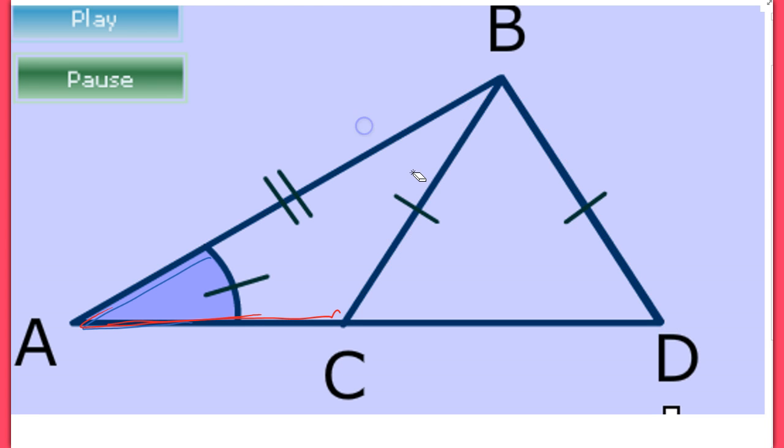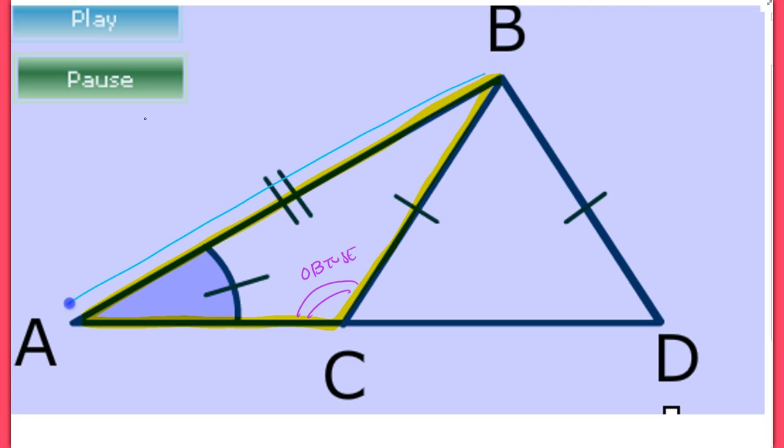So we've got two unique triangles here. Okay, let me highlight one of them. So here's triangle ABC. And as you can see, this angle measure here is obtuse. We also can create triangle, let's do this one, triangle ABD.